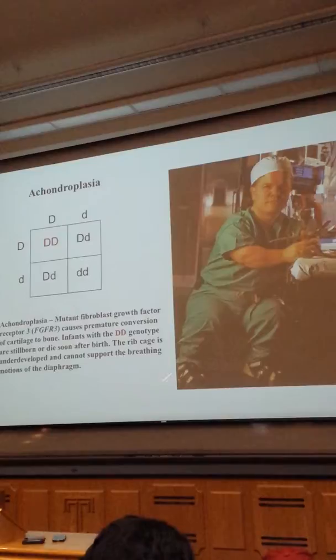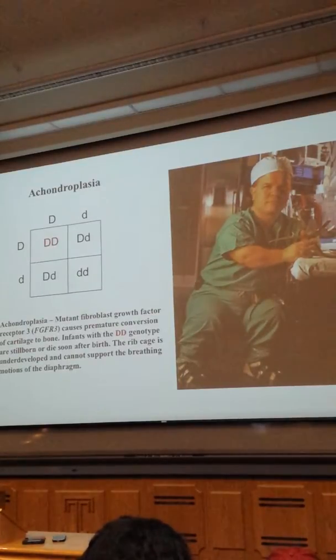And I explained that in this slide here, where if you have an individual with dwarfism producing children with another individual that has dwarfism, this would be the embryonic lethal. It's the fibroblast growth factor receptor number 3, which causes premature conversion of cartilage to bone.